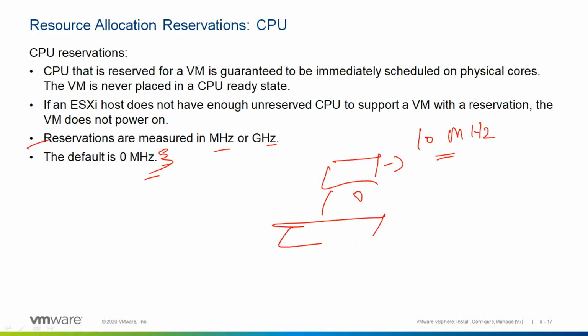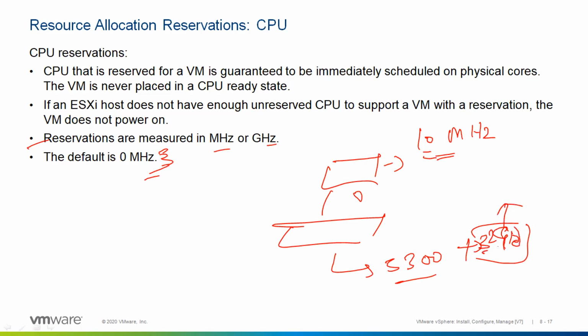Again, the same example: whatever megahertz capacity I have available will be reduced by the reserved value, and whatever calculation will happen, it will happen on the remaining value. Okay. Reservation is something I have given; reduce that, it is fixed for the VM. Right now, whatever calculation for sharing the resources you will do, you will do on the remaining available capacity. Got it?